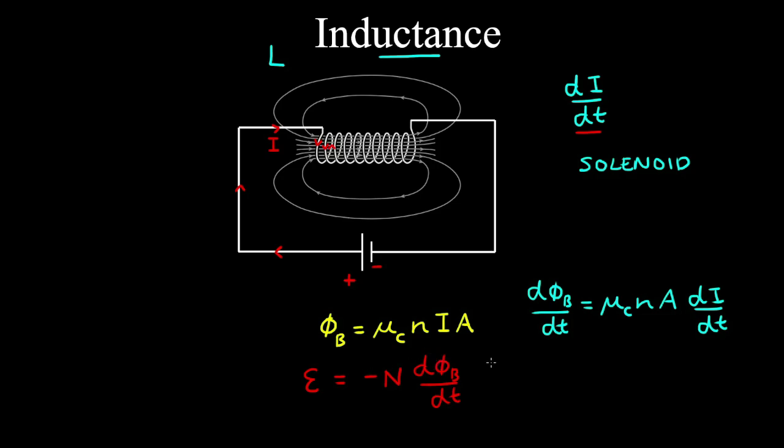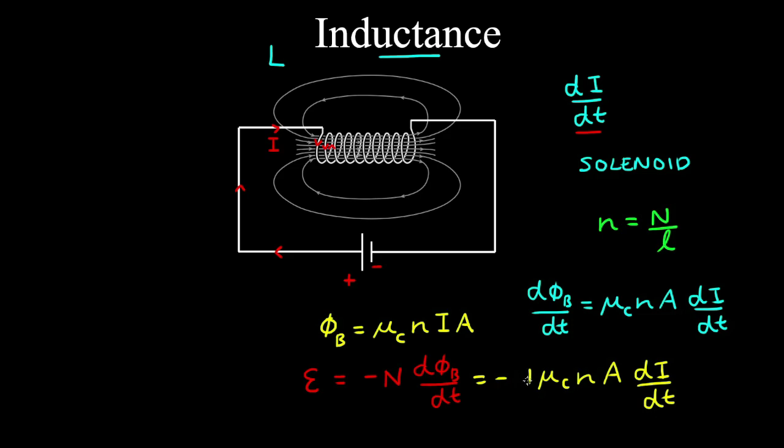So if we substitute for the derivative, we get minus N by mu by n by A by the rate of change of current with respect to time. And n is the number of turns per unit length of the solenoid.